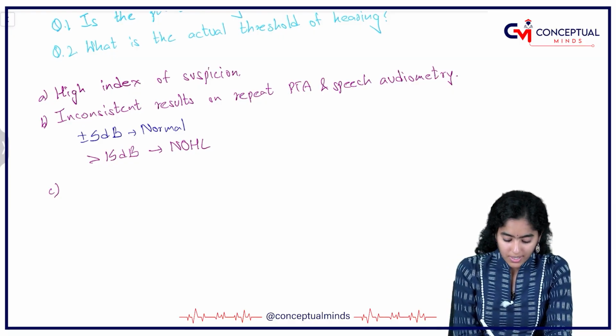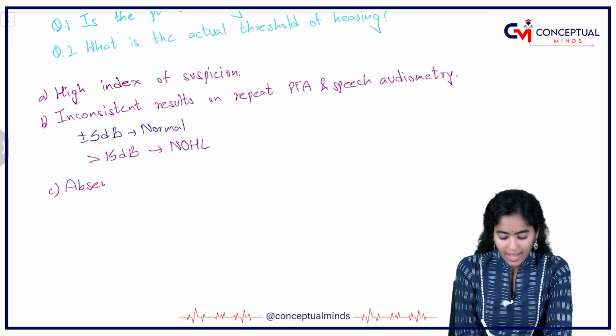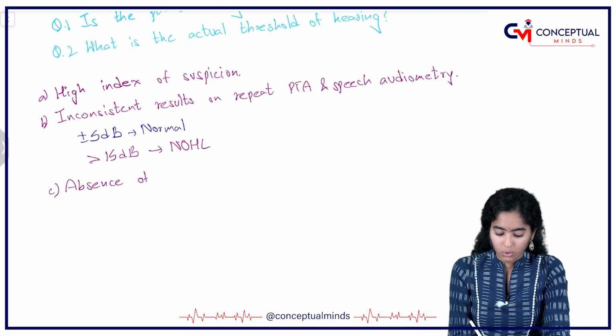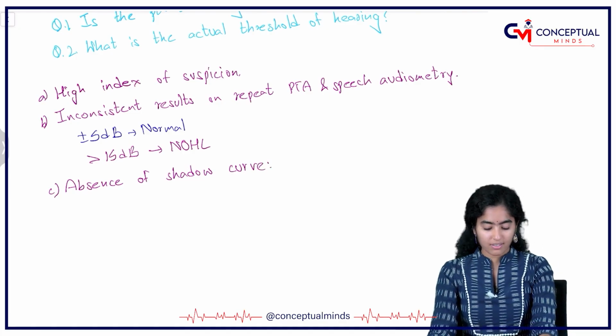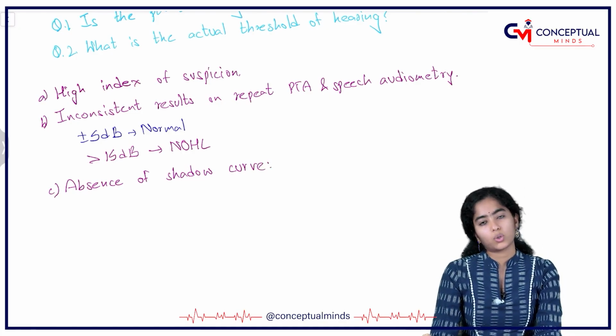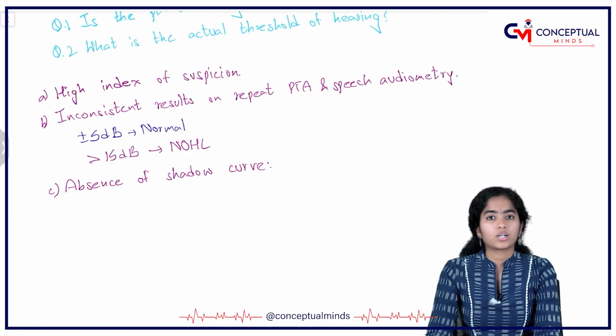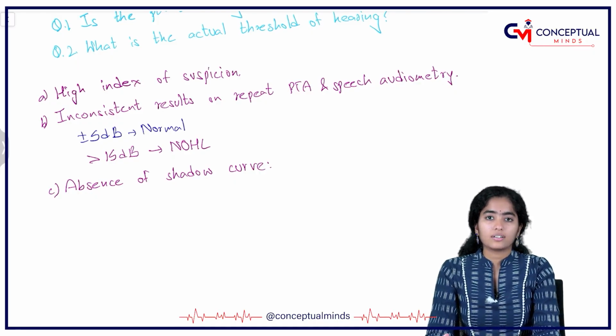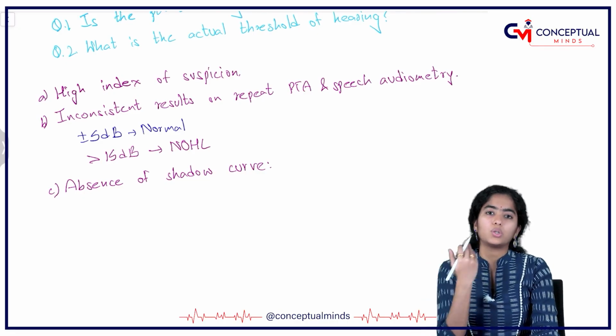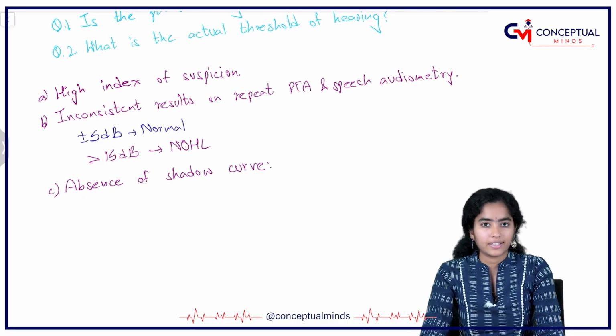Next, what we observe is something called absence of shadow curve. We have already learnt about this in pure tone audiometry, but a quick recap. What is a shadow curve? Now, the hearing impulses are transmitted from one ear to another ear transcranially.